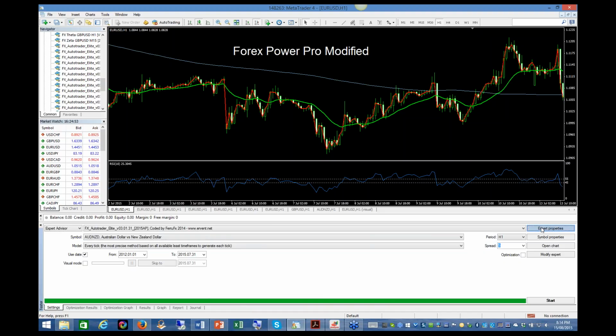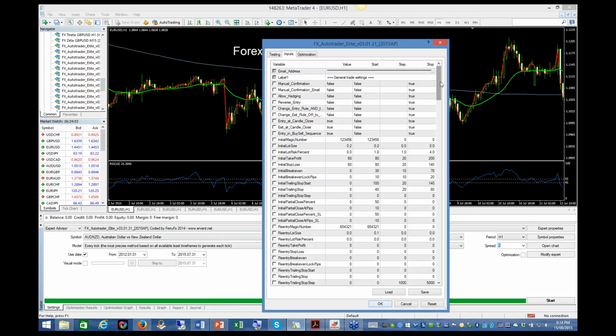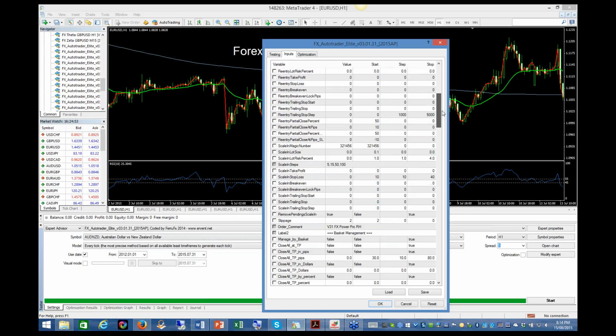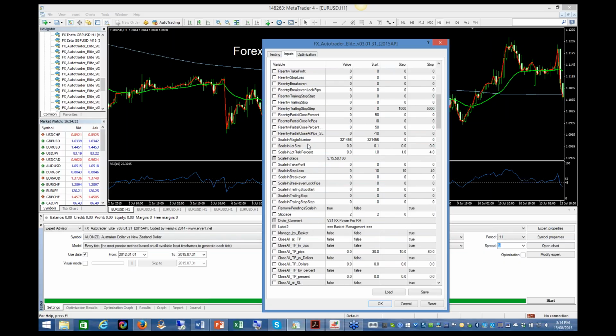Okay, so in order to add scale-ins, we go to our scale-in module, and that's this one here, and we'd enter a lot size. On the standard basis, I started with these, but what we've done with this particular strategy, and I won't go fully into it, is that we've set that, and we've set our profit here, which I think was 120 and 80 or whatever it was.